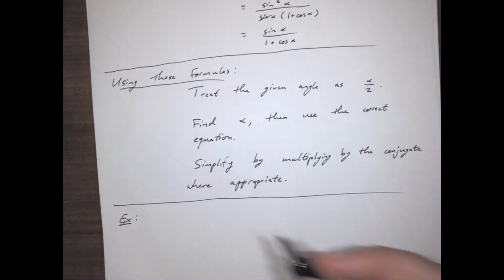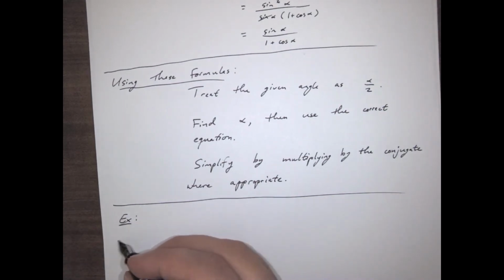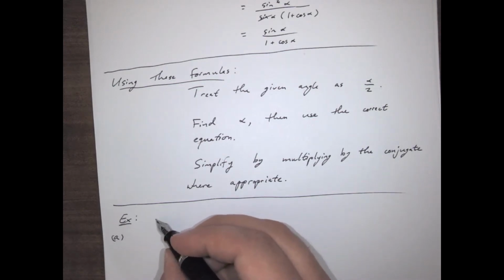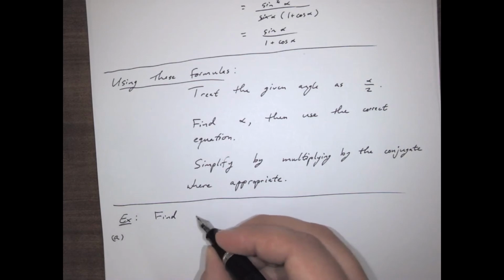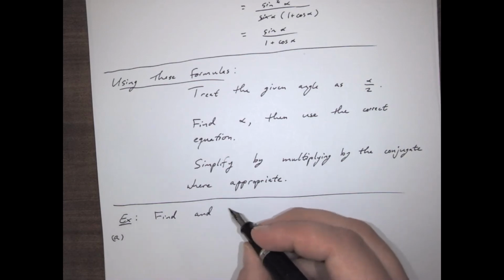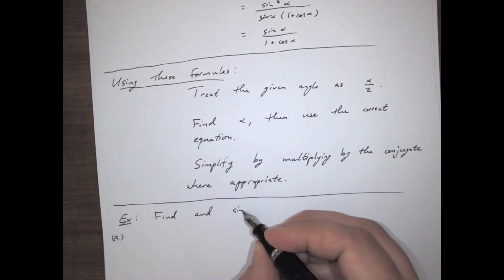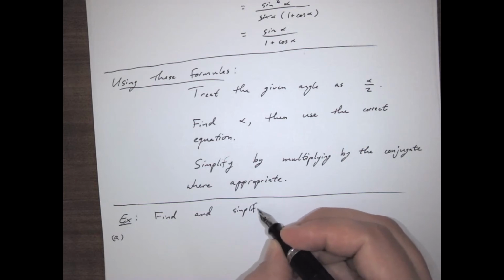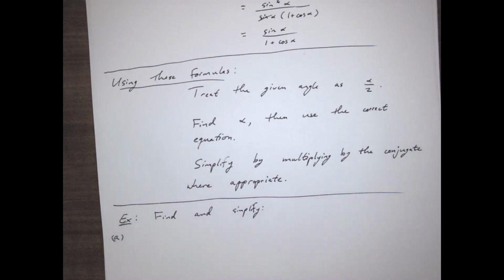All right, so let's try to find, for example, and simplify. Try to find the sine of 22.5 degrees.